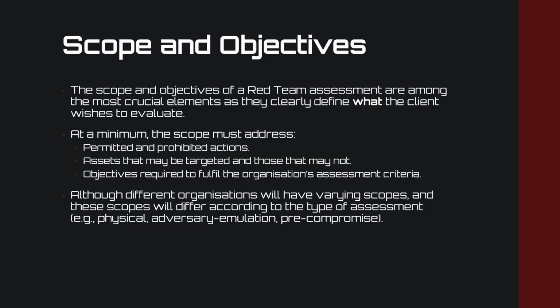Although different organizations have varying scopes, and these scopes will differ according to the type of assessment being conducted, these three points should serve as a baseline for planning and scoping the entire document and defining the objectives.